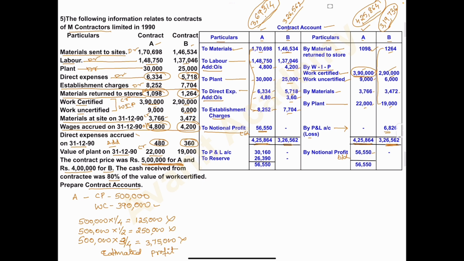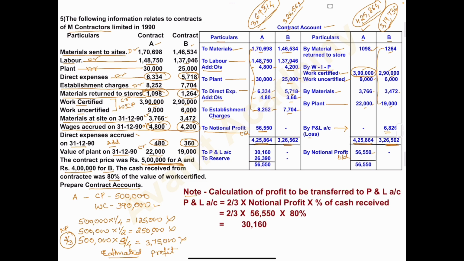So we'll take the third condition. What is the third condition? If the work certified amount is half or more than half but less than 3/4 of the contract price, in such cases, 2/3 of notional profit is transferred to profit and loss account. We'll prepare the note.